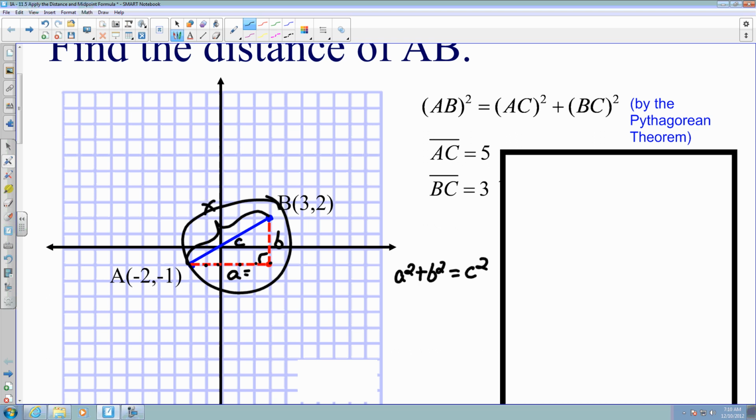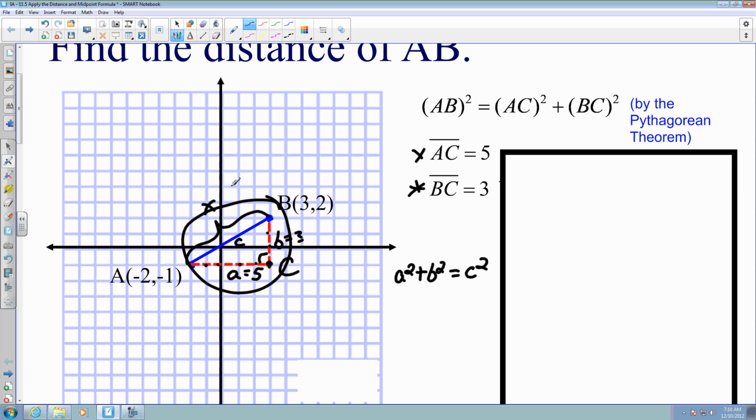So here we have A equaling 5 units. B, we have 1, 2, 3. So B is 3 units. So if this point right here was point C, we can see that AC equals 5 and then BC equals 3.